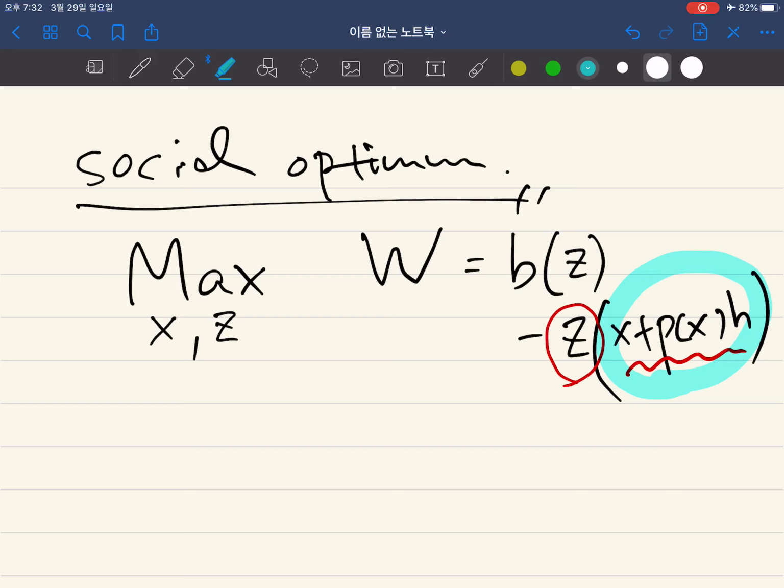But now injurer and victim interact many times. So we have to think about total social cost, and we can calculate it by multiplying by the level of activity. So this green part is social cost per activity, and you multiply Z, then you get total social cost.